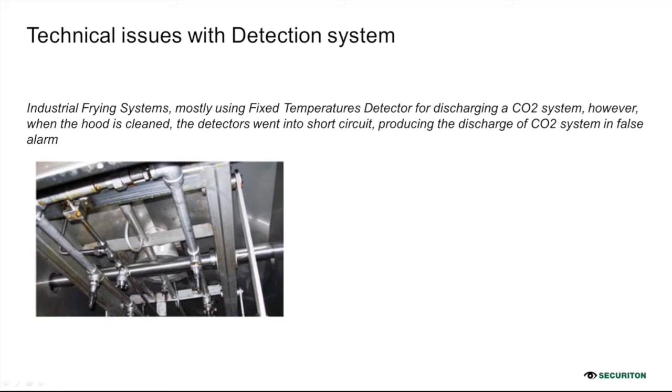However, when the hood is cleaned, the detectors can short circuit, malfunction, or give wrong readings. A wrong reading leads to a discharge of the CO2 system, and the entire operation has to be stopped to be cleaned.